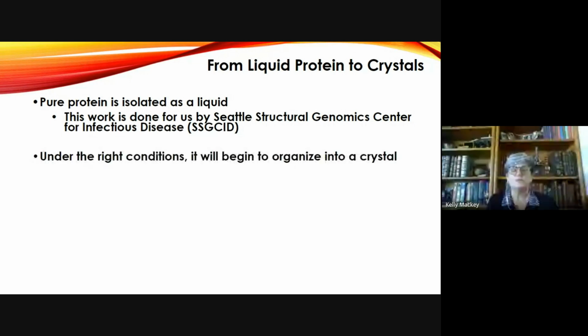They send them to us, and under the right conditions, we can work to get those liquid proteins to slowly come together and form a crystal with a set lattice, a set structure that makes it much easier to visualize exactly what the protein looks like.